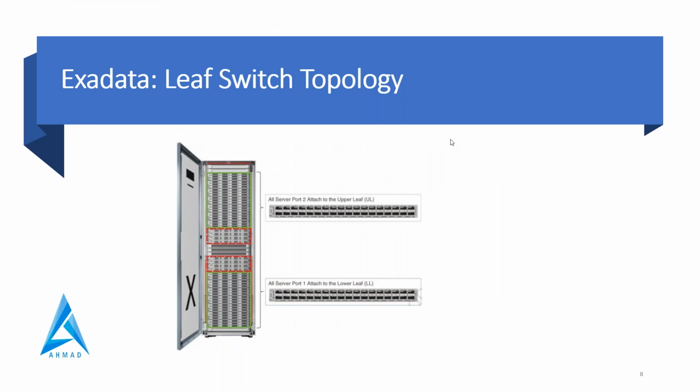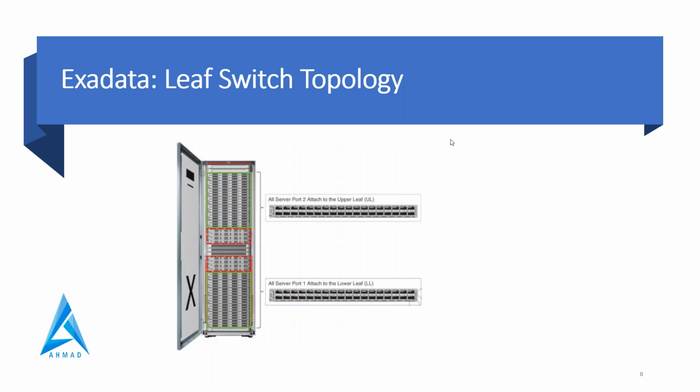Now, what is the leaf switch topology in Exadata? In the diagram, you can see that the two leaf switches in Exadata X8M two full rack are connected to the database servers, Exadata servers, and to each other. On each server, each ROCE fabric port is connected to a different leaf switch.